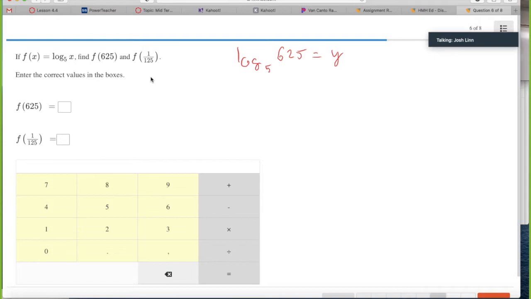So again, if we're going to switch that to an exponent, it's log base 5, to what power is going to give me 625? So I don't know that off the top of my head.